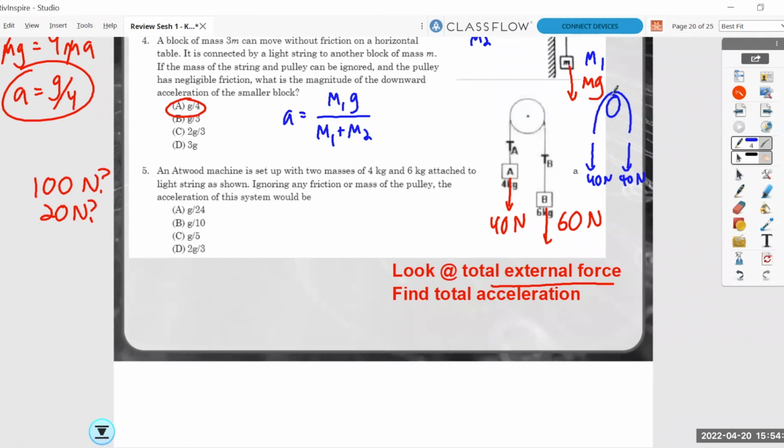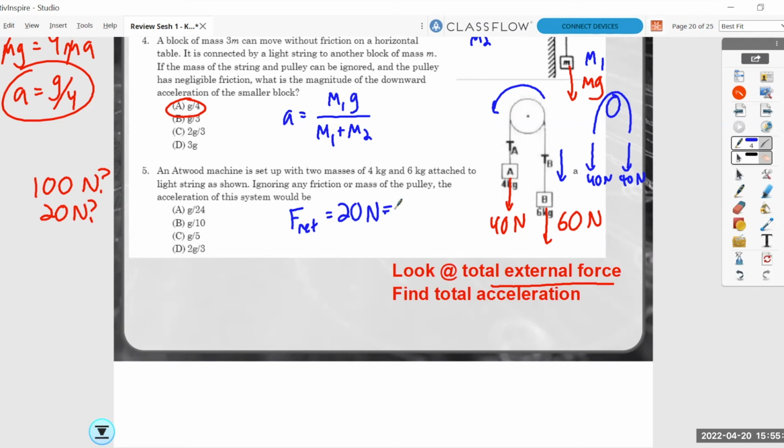So in this case, we can say 60 newtons is trying to pull it this way, 40 newtons is trying to pull it the other way. So here we can say the net force on our system is going to be 20 newtons. But the total mass of our system is going to be what?